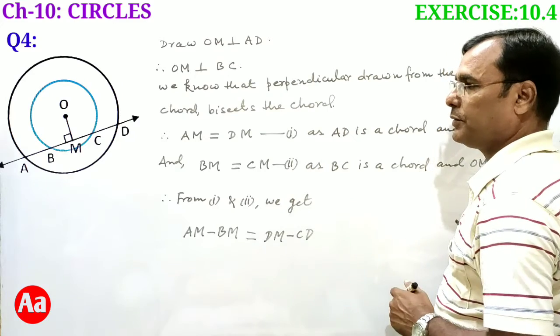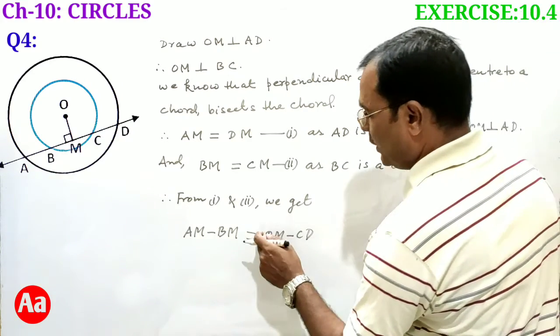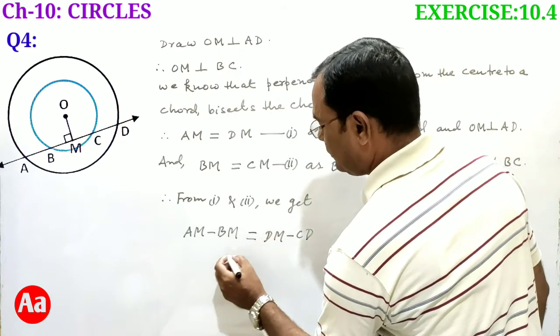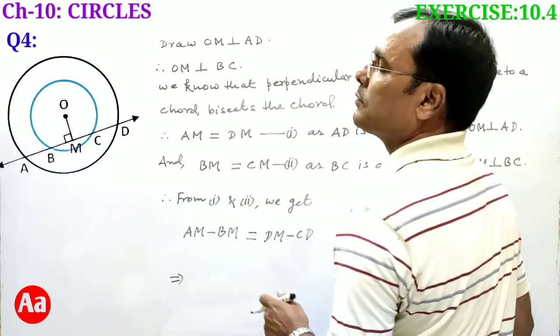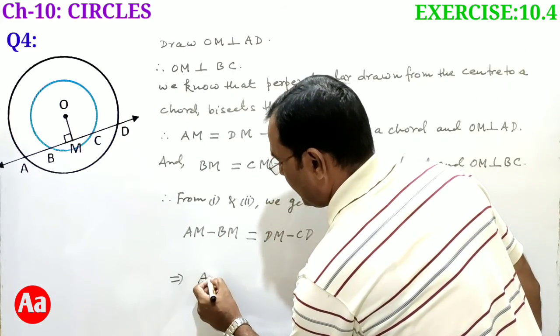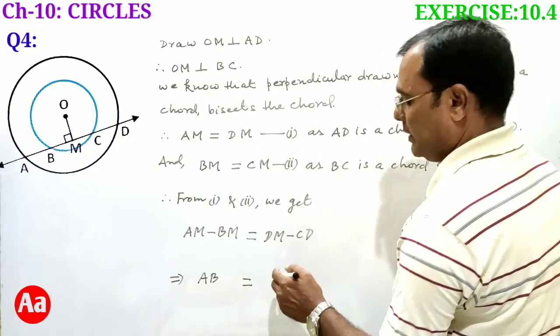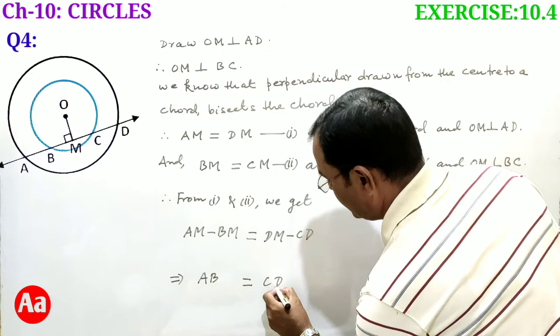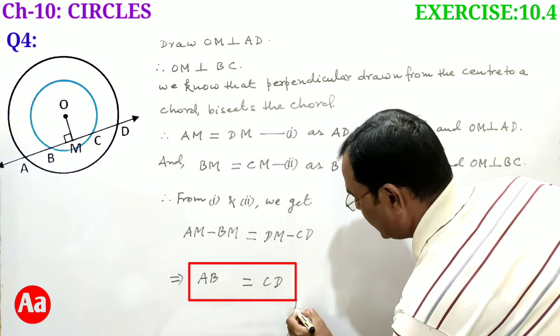If equals are subtracted from equals, then remainders are equal. And this implies AM minus BM is AB and DM minus CM is equal to CD. So this way AB equal to CD, hence proved.